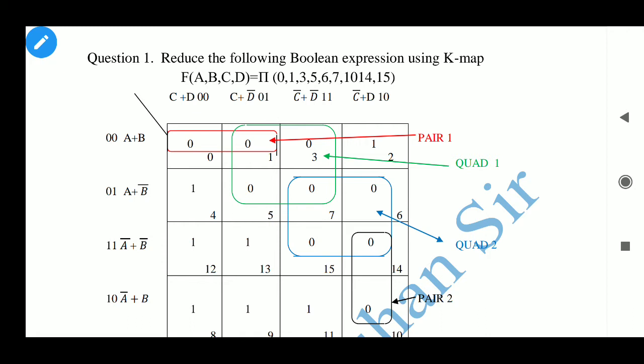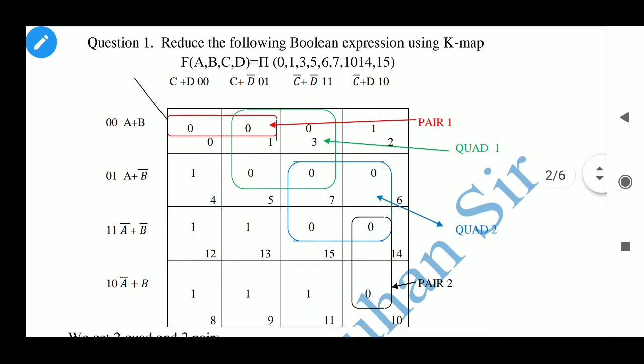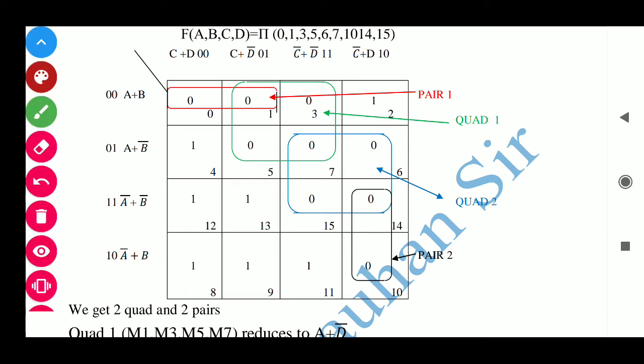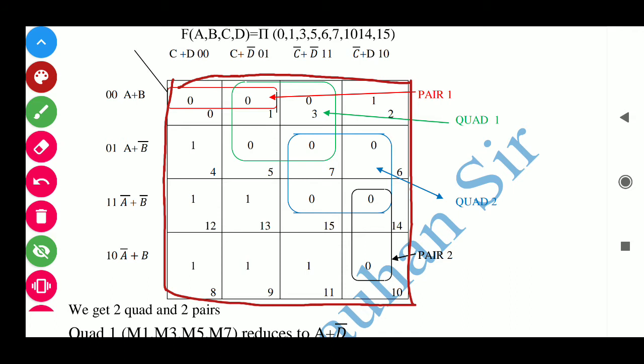First you draw the K-map, and after that you just write down there 0 1 3 2 like this way, 0 1 3 2, 4 5 7 6, 12 13 15 14, 8 9 11 and 10.